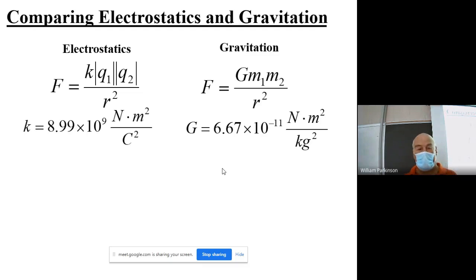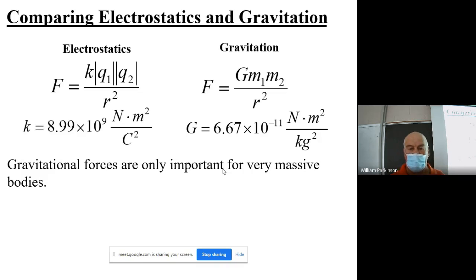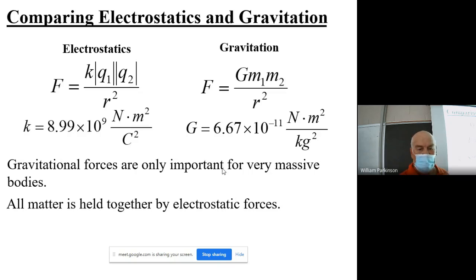And because the K value of the attraction is so big, the wall, the building, bridges, every structure that we construct has the rigidity that it exerts because of electrostatic attraction between the particles. So gravity is only important for very massive bodies, whereas all matter is essentially electrostatically held together because of the size of K.